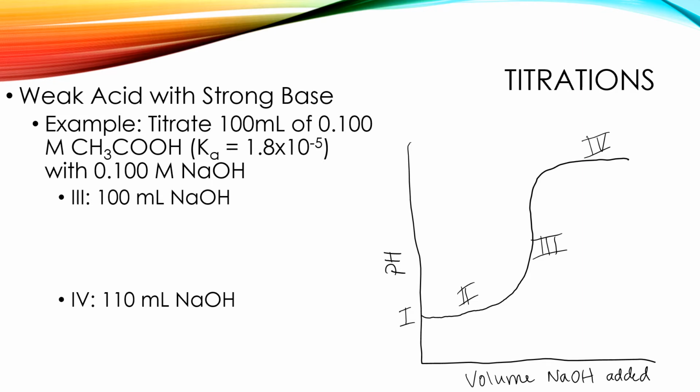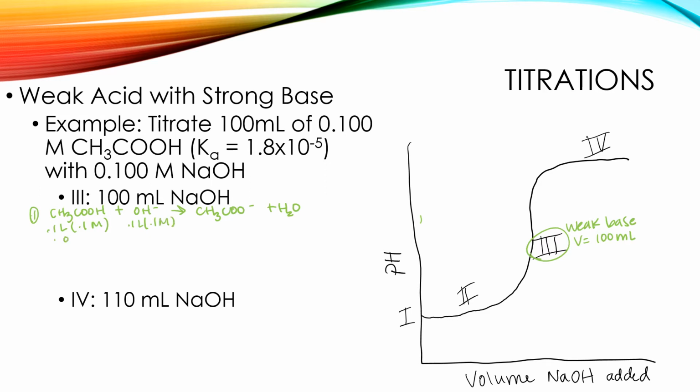So number 3 says 100 milliliters of NaOH. We determined that 100 milliliters was the equivalence point volume. So I'm at the equivalence point, and all I have here is my weak base, because I have the conjugate of my weak acid. The first thing I'm going to do is determine how much acetate I have. I have 100 milliliters, so 0.1 liter of 0.1 molar acid, and 0.1 liter of 0.1 molar base.